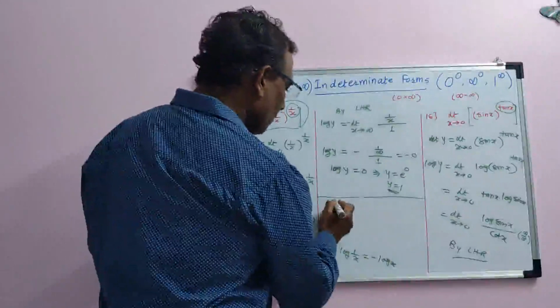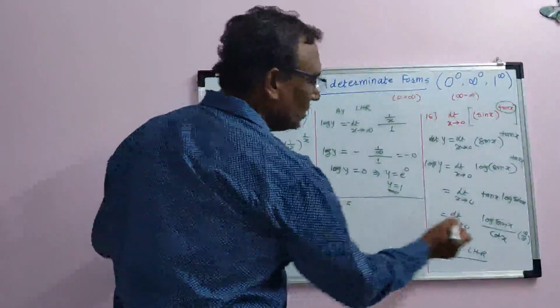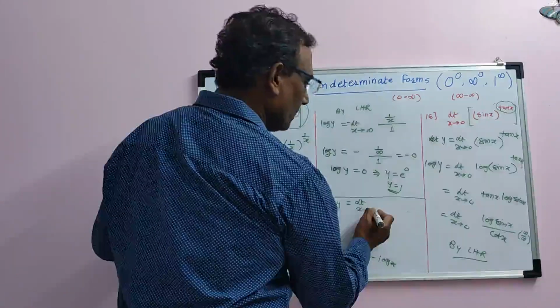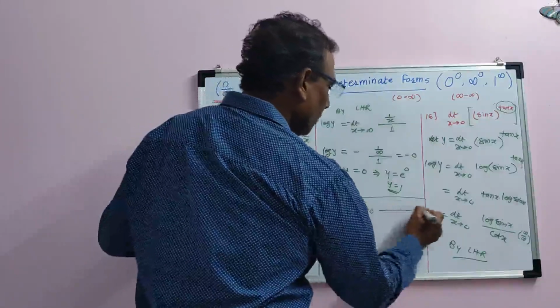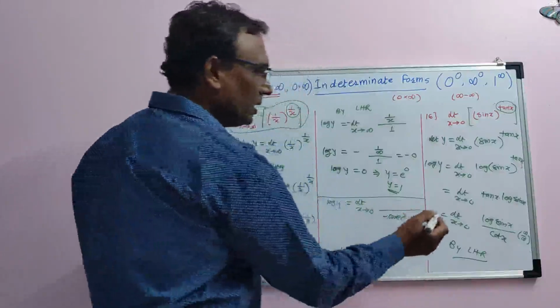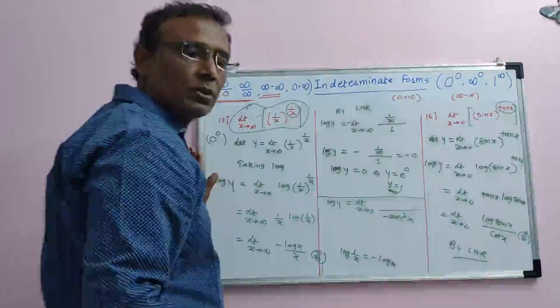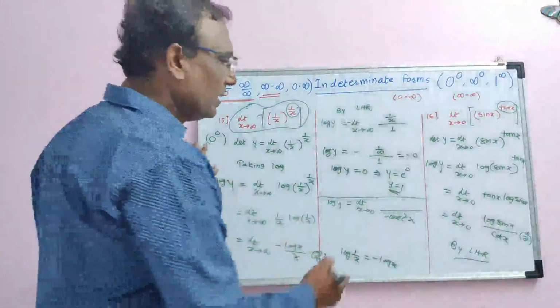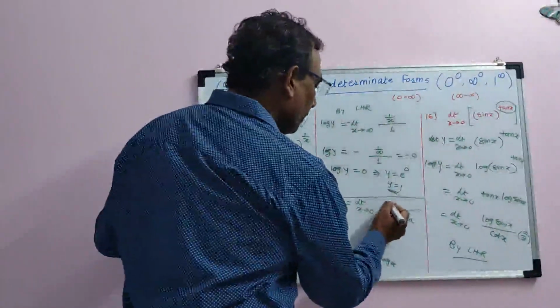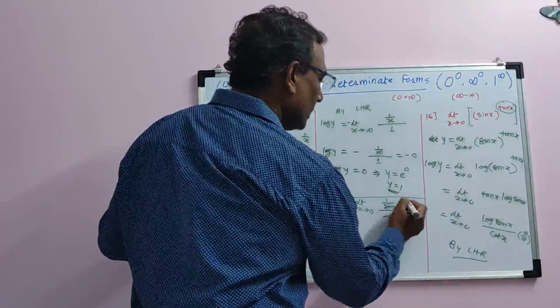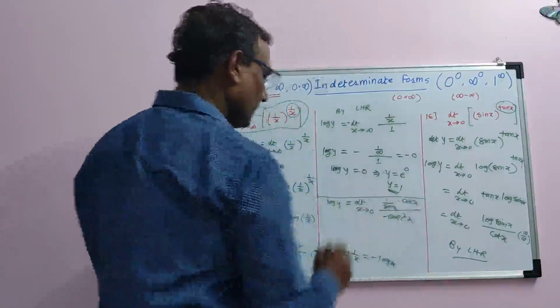Now log of y is equal to limit x tends to 0, by L'Hospital rule, derivative of cot is what? Minus cosec square x. Derivative of log sin x is what? 1 by sin x into derivative of sin, which is cos x.